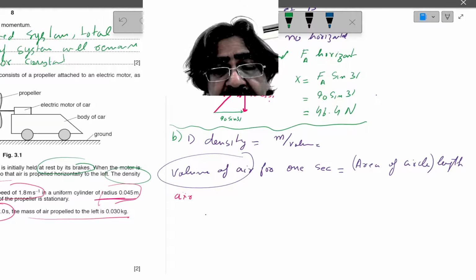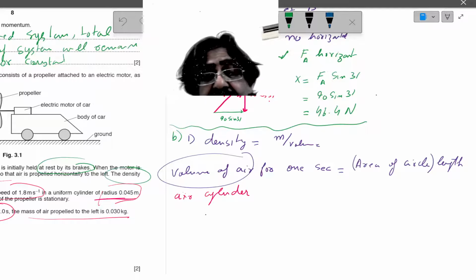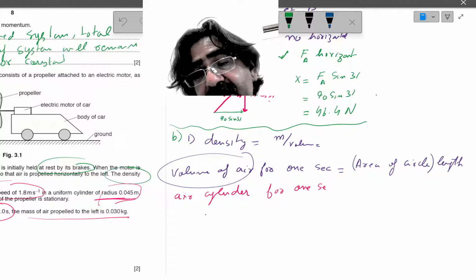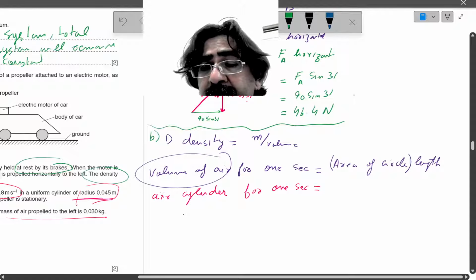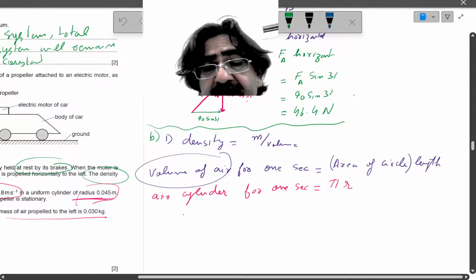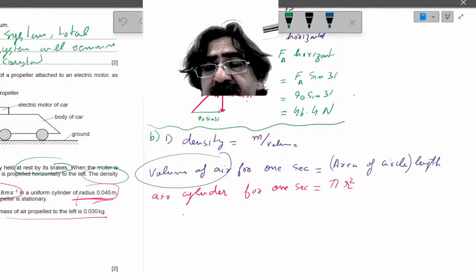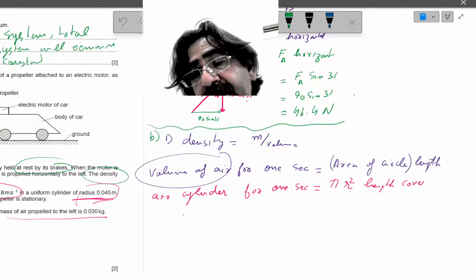Area of circle is pi r square, as we know, and the length of the cylinder is the length covered in 1 second.